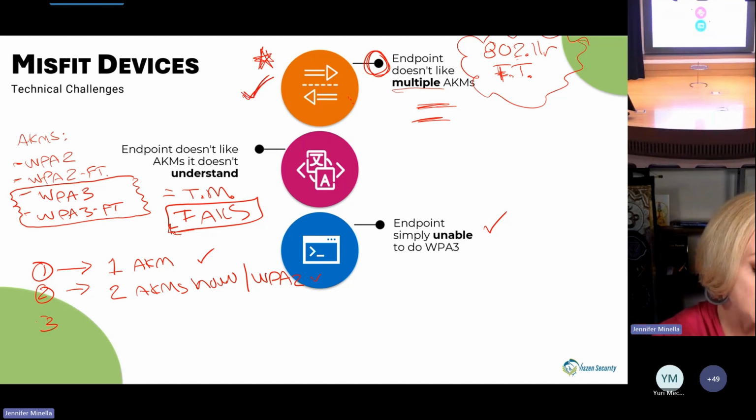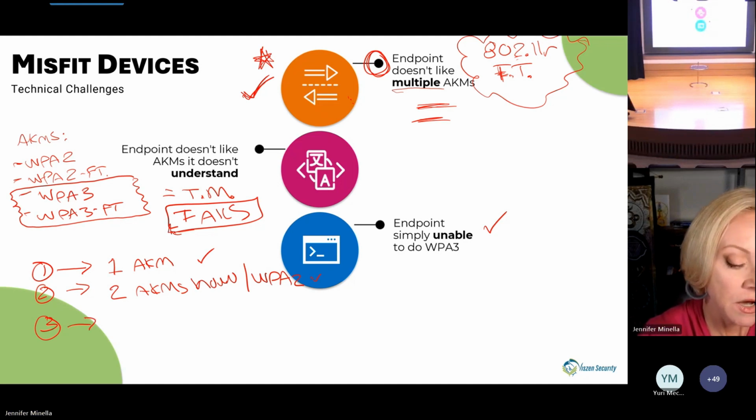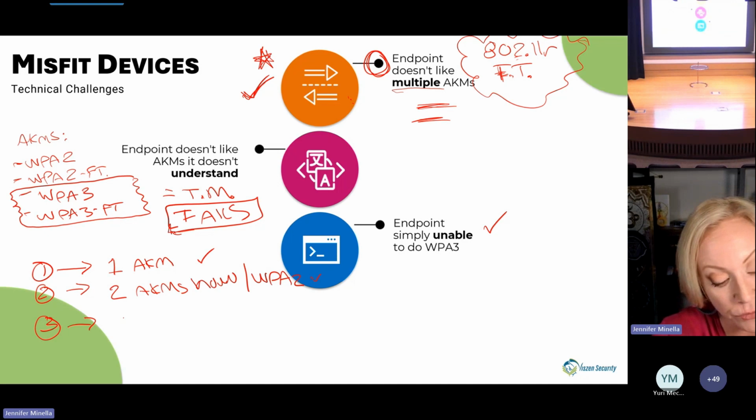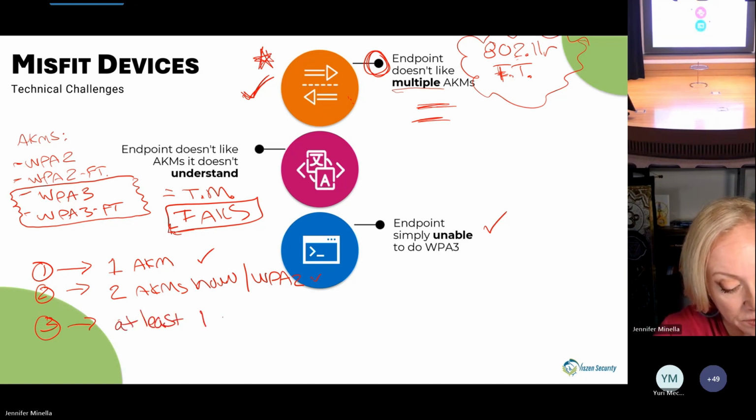So then our third test is we can do a couple different things. We can do 3 or more AKMs, but really what it's going to be is at least 1 WPA2 AKM plus 1 WPA3 AKM.